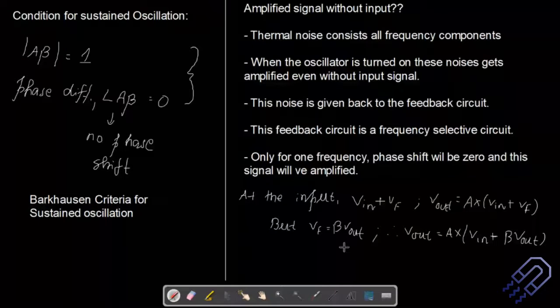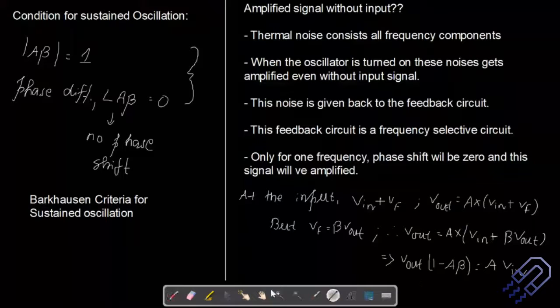If we simplify this, this is V out, this is also V out, so this is A beta. So you can simply write V out into (1 minus A beta), taking it common, is equal to A into V in.